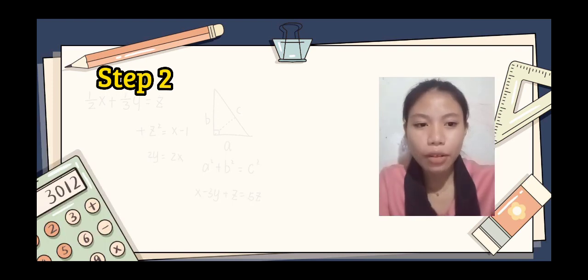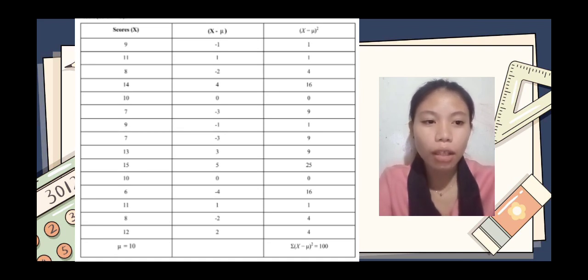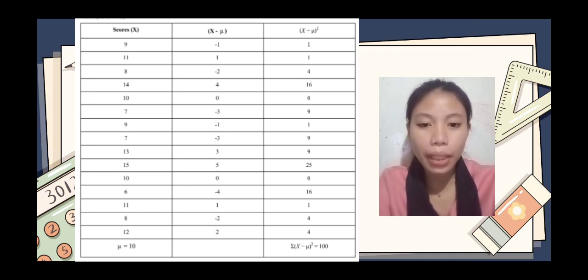In step 2, for each score, subtract the mean, that is x minus the mean, in column 2 of the table. Then square each result, which is column 3. For example, our mean is 10.